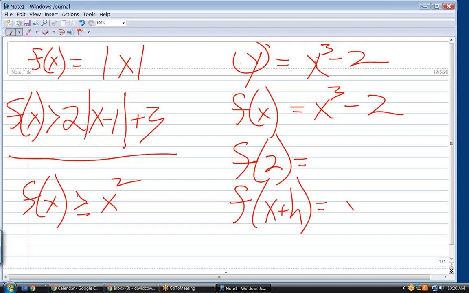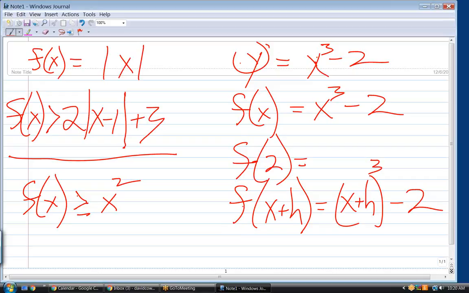X plus h cubed minus 2. In other words, that's how I would write it. The lesson to learn is that no matter what is in the parentheses, no matter how complicated or simple it is, you merely take it and substitute it for x, wherever you see x in the original function. Okay, that makes sense.